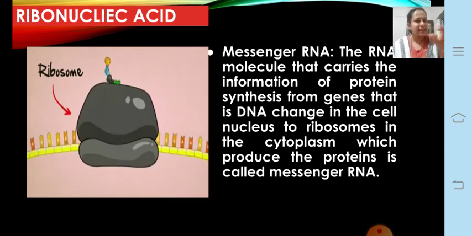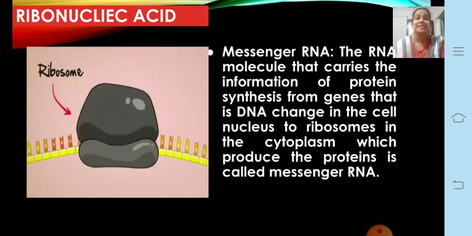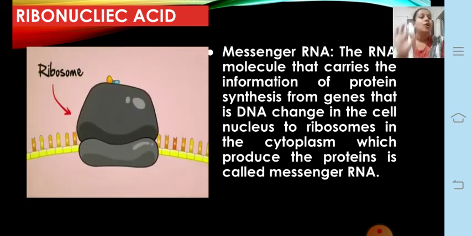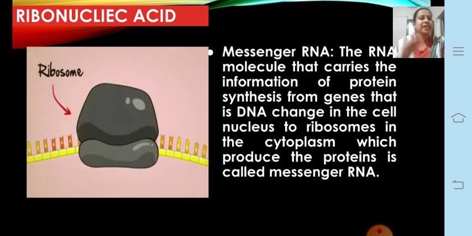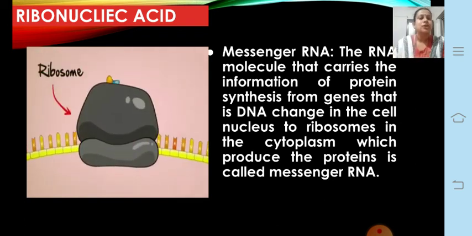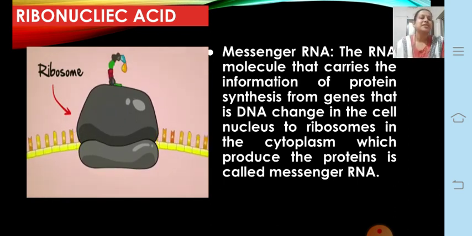But what is mRNA? mRNA is that yellow color strand. Messenger RNA is the RNA molecule that carries the information of protein synthesis from genes, that is the DNA chain in the cell nucleus, to ribosomes in the cytoplasm, which produce the proteins.